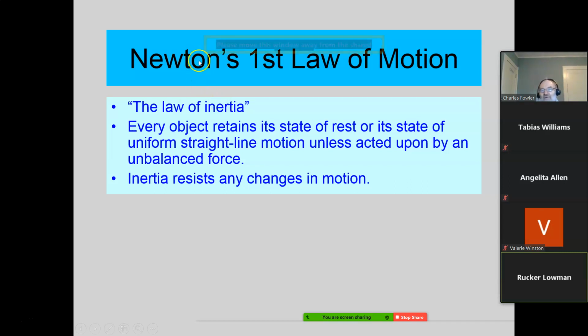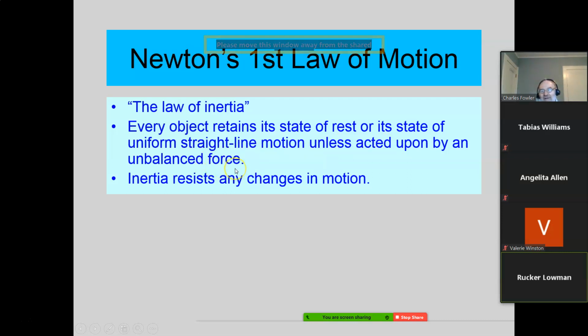So here's how Newton's first law, which he refined or detailed from what Galileo had done. Every object retains its state of rest, like the couch potato, or its state of uniform straight line motion unless it's acted on by an unbalanced force.